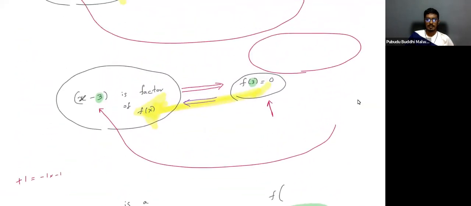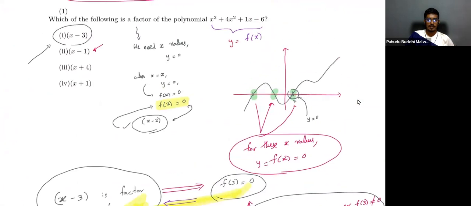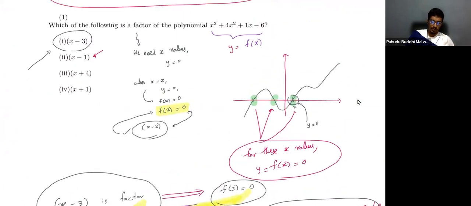Okay, that's the idea. With that understanding, you should be able to determine whether x plus 4 and x plus 1 are factors or not. For this one, x minus minus 4. Therefore, check f of minus 4, whether that one equals 0 or not.